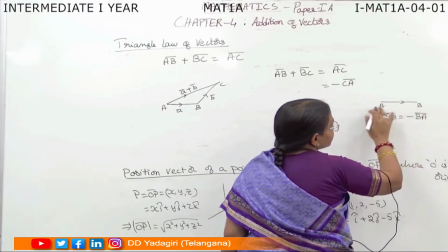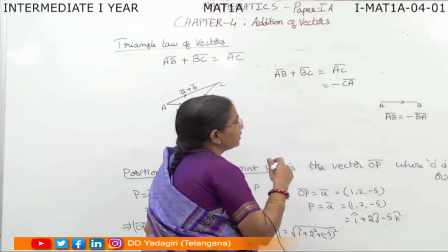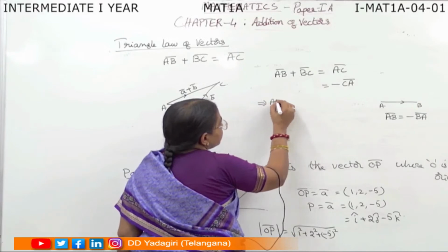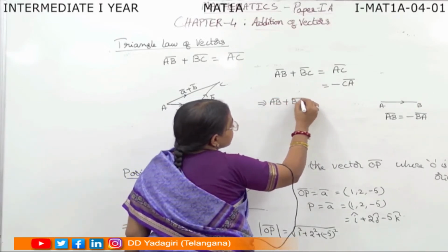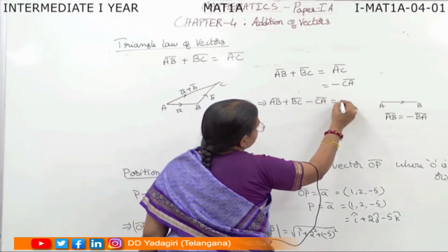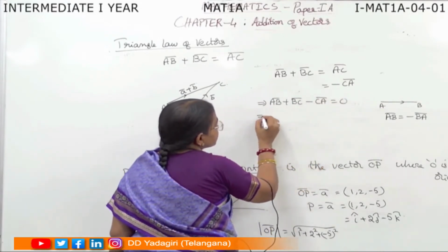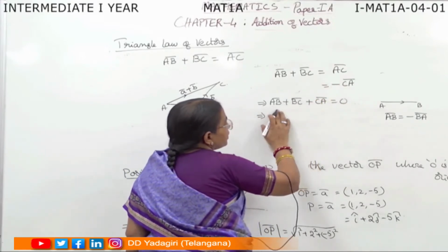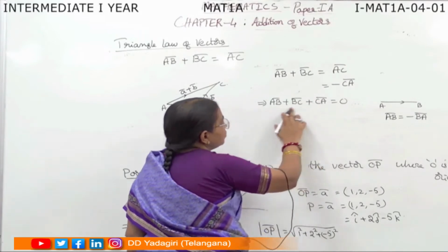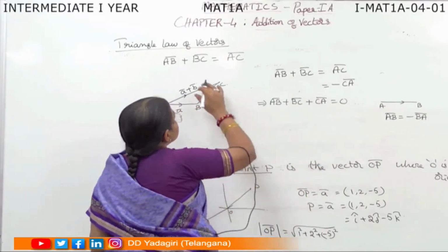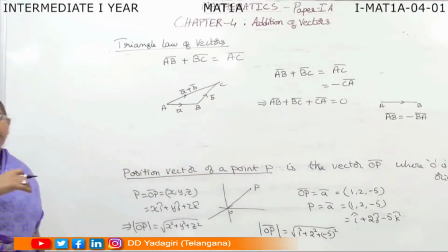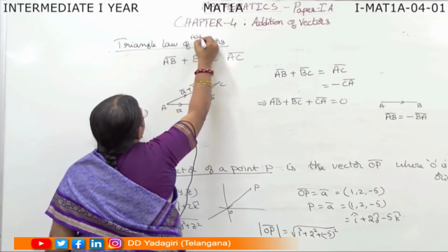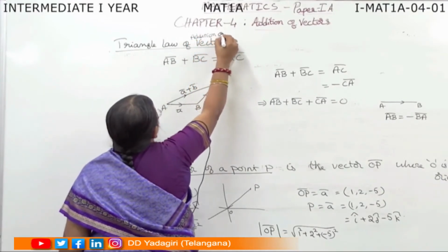So if you write like this, then AB plus BC plus minus CA is equal to 0. When minus CA comes to this side, it is plus. So AB plus BC plus CA is equal to 0. So this is the triangle law of addition of vectors.